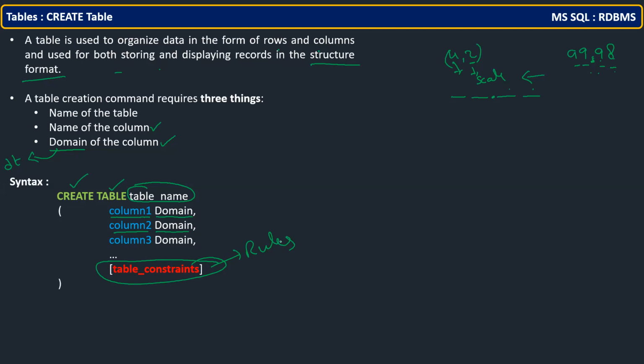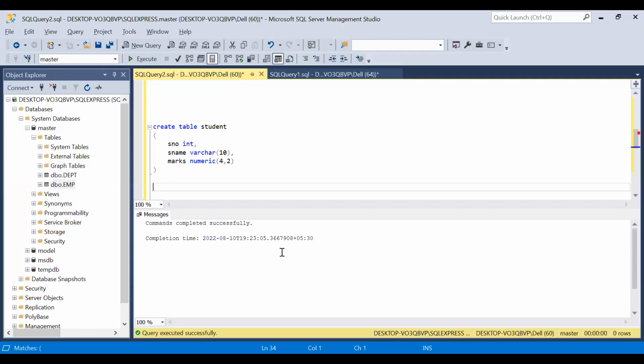Now as the table is just defined, basically you first created a table. Now you can change the table definition. Sometimes you need to add some more columns, or sometimes you need to change the data type also. So that is also possible.